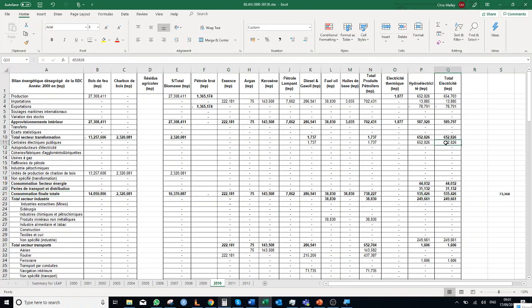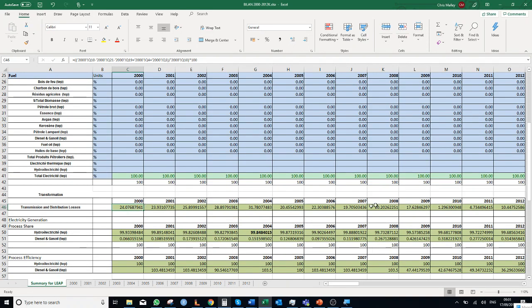We have the total energy produced, 652,826. So this is the losses. This is how much is consumed. This is how much is produced. So the difference between those gives us our loss. And I've calculated that as a percentage here. And it decreases over time, which is good.